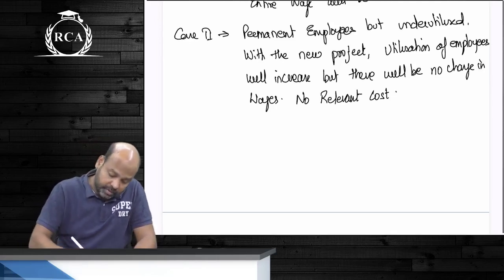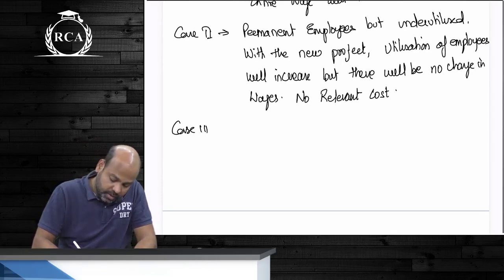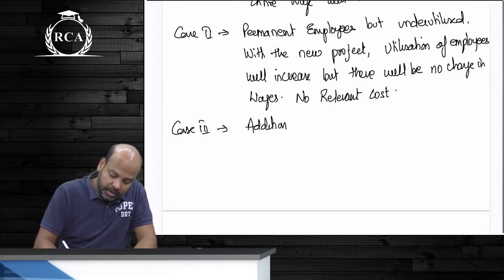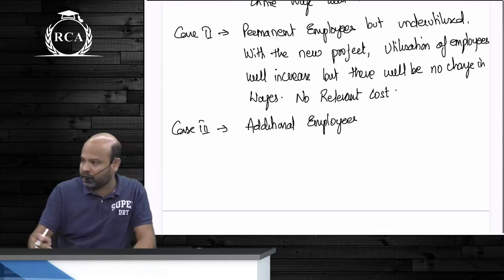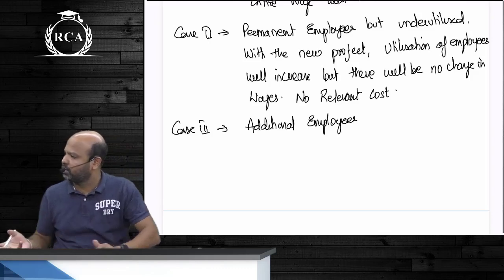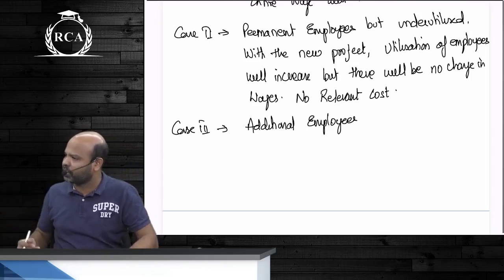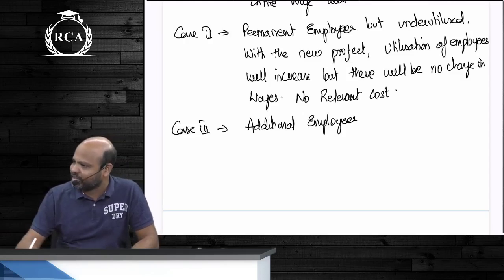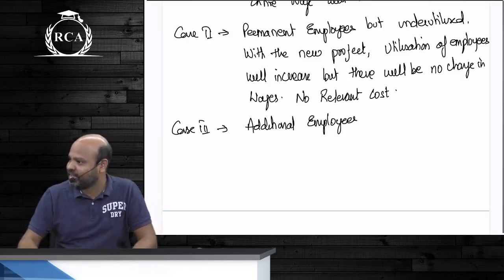Next comes case 3. What did I tell you? Additional employees cannot be hired and existing employees are overused, fully utilized. When I talk about articles, you say overutilized, it's the same thing.